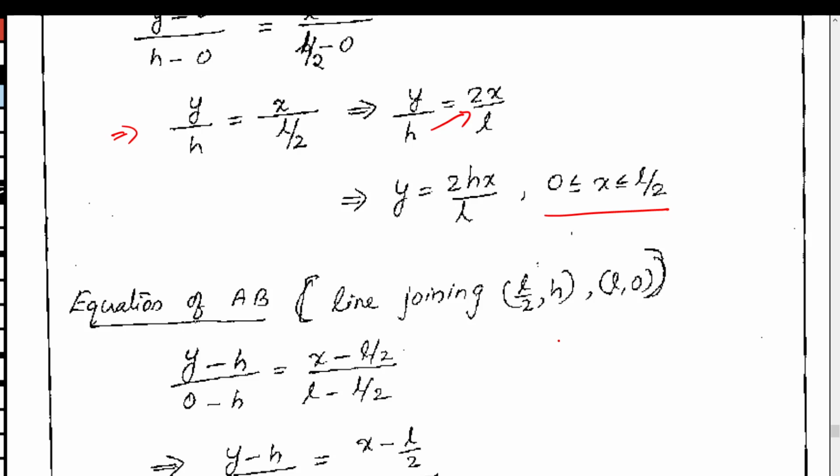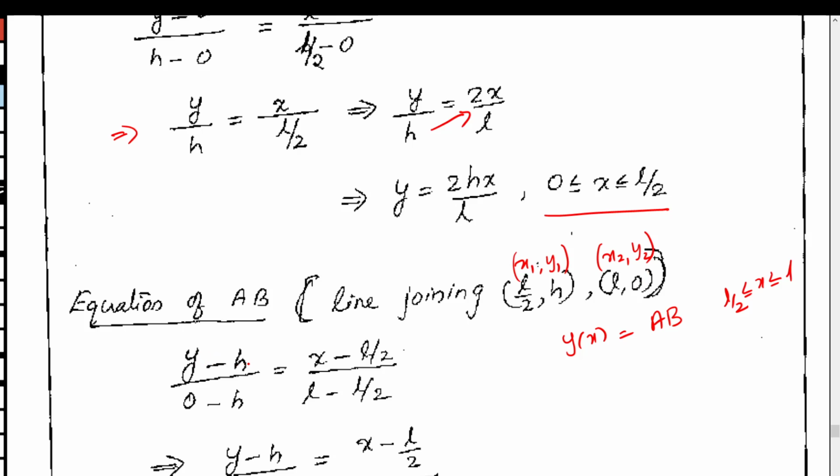Now, the value of y(x) when x lies between L/2 and L is on the line AB. The equation of the straight line AB is determined by using the equation of the straight line joining (x1, y1) and (x2, y2) again. The value of x1 is L/2, the value of x2 is L, the value of y1 is h, and the value of y2 is 0.